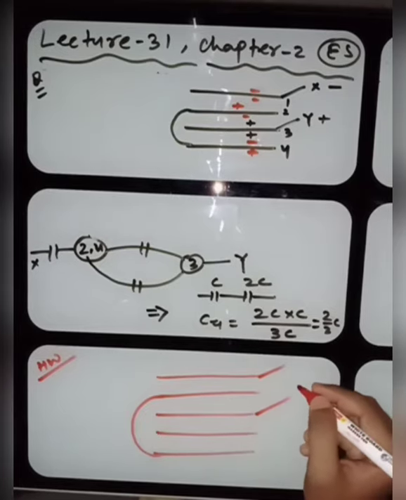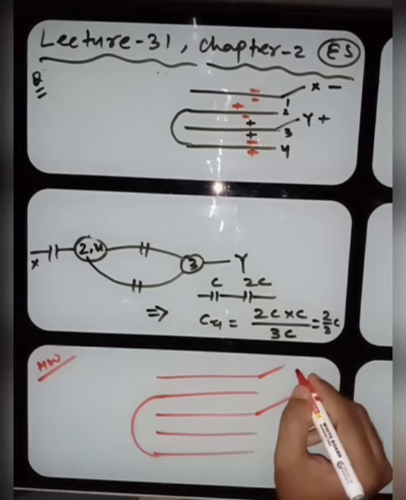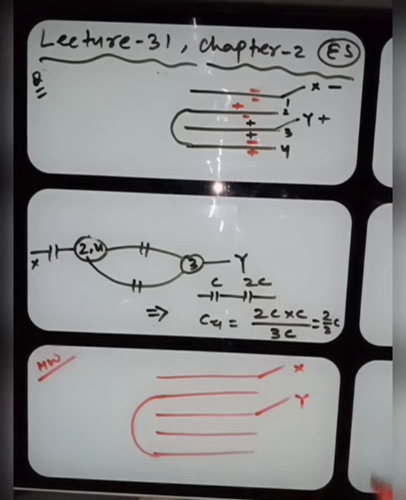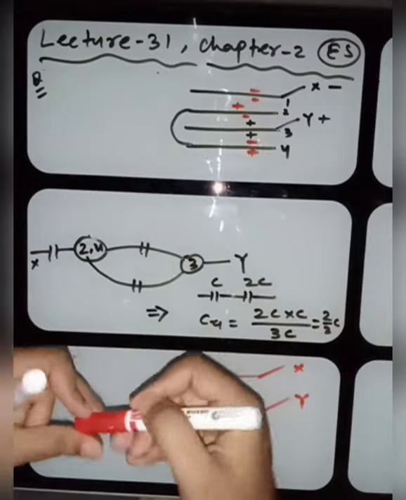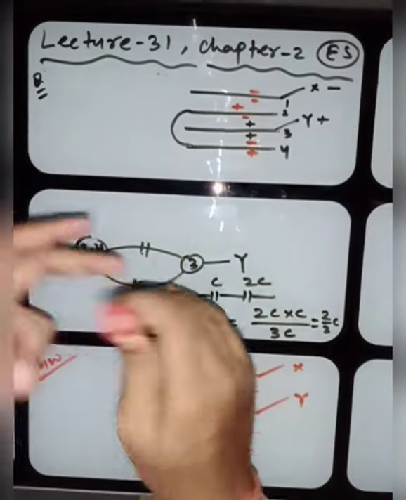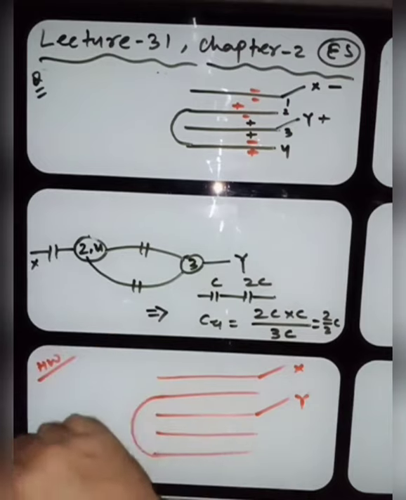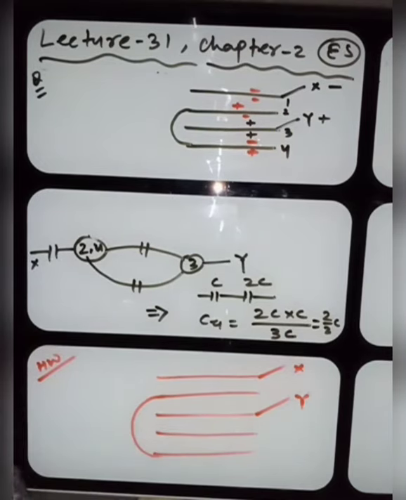So this is one plate and this is another plate. You have to find the capacitance of this network, my dear student. This was the request of a few students, that's why I repeated this particular topic.